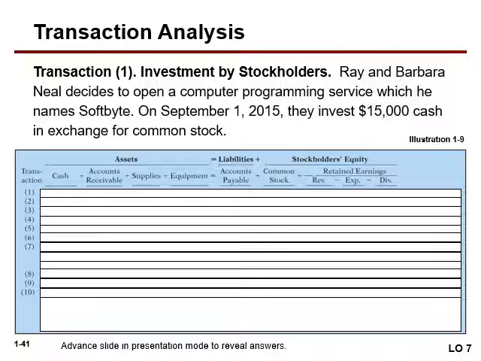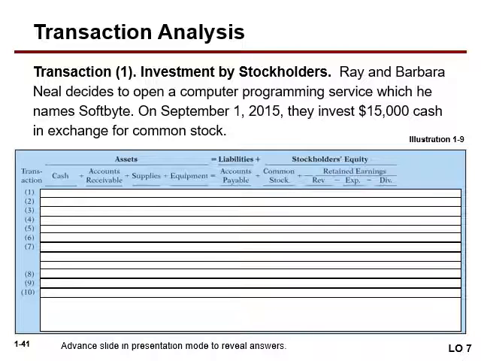But remember, any transaction that affects the accounting equation must leave the two sides of the equation balanced after each transaction. The total amount of assets should equal the total amount of liabilities and stockholders' equity after each transaction.